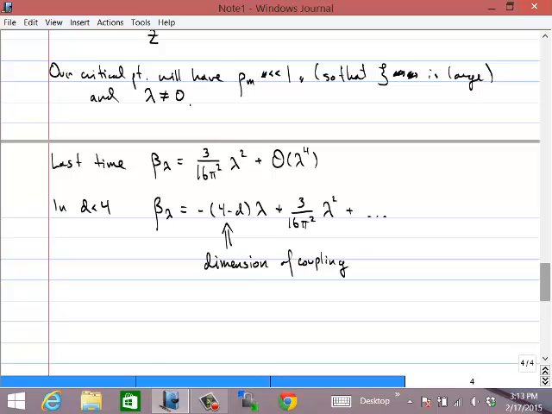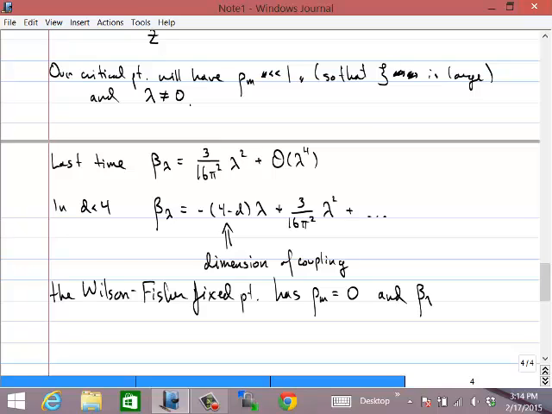And so the fixed point that we're looking for is the one where rho m is exactly equal to 0, so that the theory is massless, and the beta function has a fixed point, so that the coupling constant will approach some fixed value in the infrared.